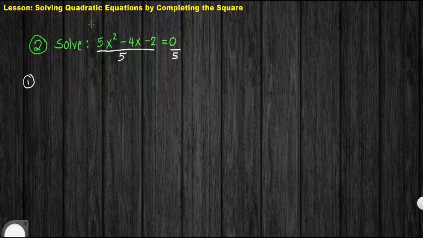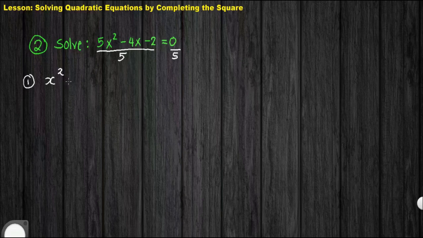Okay, so ganito yan ha. Yung 5x squared, ito muna yung gagamitin natin. I-divide natin yan sa 5. So, ang matitira lang dyan, we can cancel this 5. Ang lalabas dyan ay x squared. Okay? So, that is our first term. For our second term, negative 4x divided by 5.